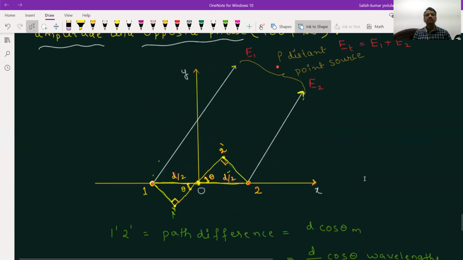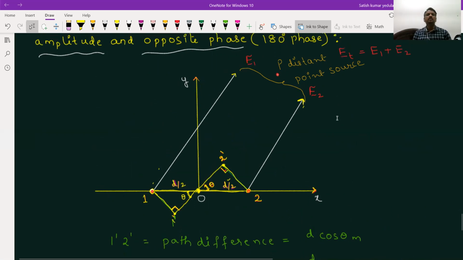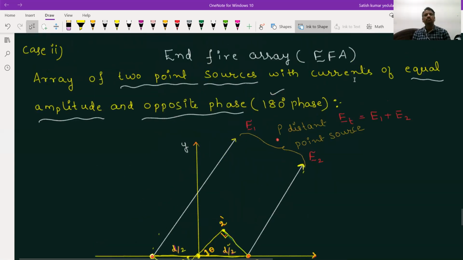Now our intention is to find out the total electric field intensity at a far distant point. For that, we require the knowledge of what is E1 and what is E2, and what is the meaning of their amplitudes being the same and opposite in phase. Here I am talking about currents of equal amplitude and opposite phase.